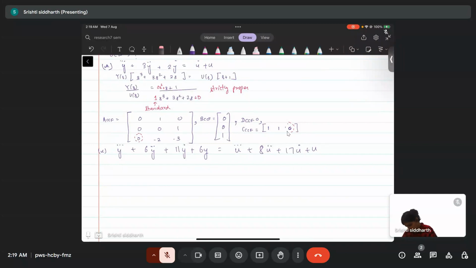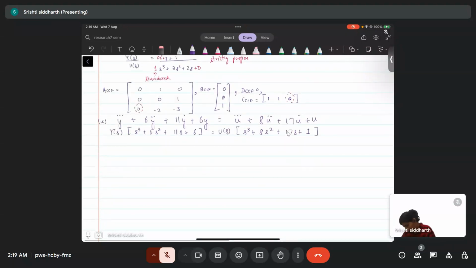So again, let's take the Laplace transform on both sides. We have Y(s) times s cubed plus 6s squared plus 11s plus 6, then we have U(s) times s cubed plus 8s squared plus 17s plus 1.